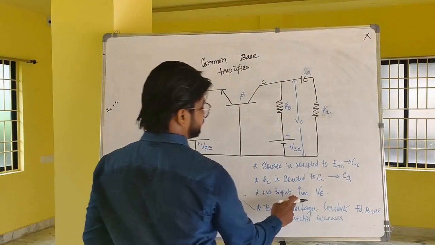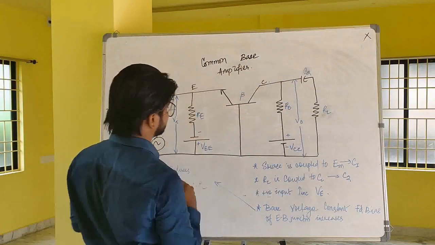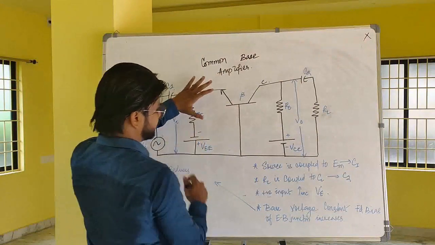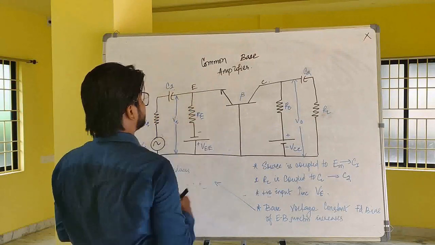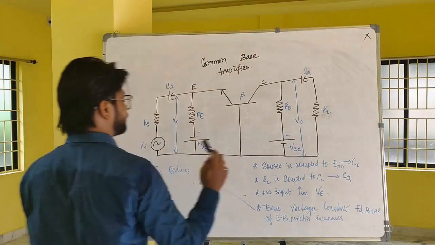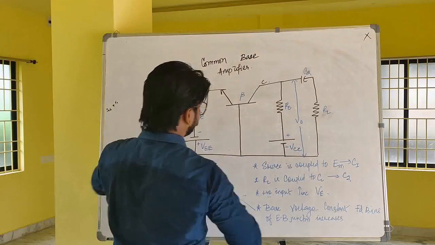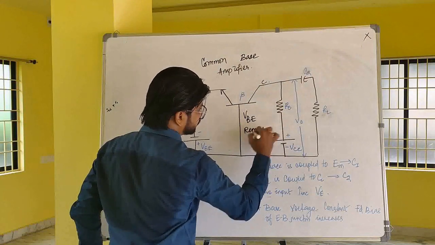So the positive input increases the voltage across the emitter. When in positive half cycle, the input increases, the emitter voltage increases, and the base voltage remains constant. Here the voltage VBE remains constant.